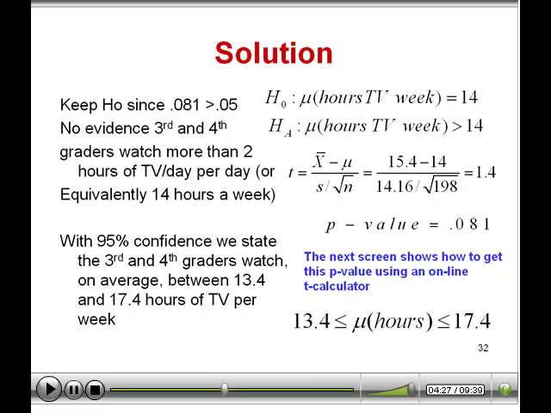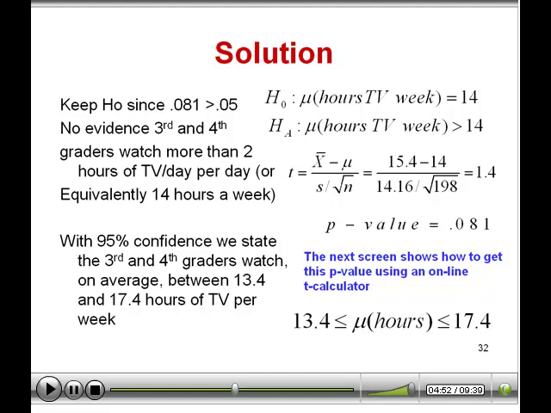If we were to follow this up by establishing a 95% confidence interval for the average hours of TV that third and fourth graders watch per week, we would find that that average with 95% confidence is somewhere between 13.4 hours and 17.4 hours.